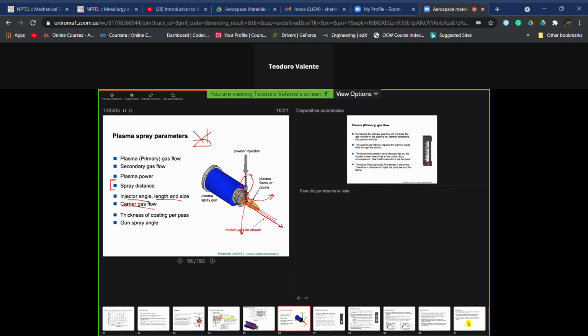And then, well, the thickness of coatings per pass we just discussed. Also, the gun spray angle is important, because if we have a flat substrate to be coated, just to represent it to you, we could have a spray angle of 90 degrees, or we could have a spray angle different from 90 degrees. And this is very important.